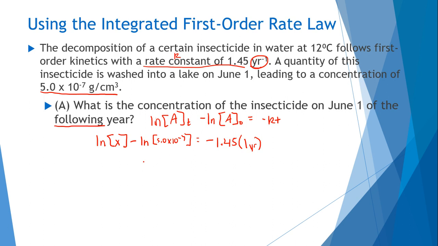From there, I can plug and chug into my calculator, and you can see that the ln of x minus, if I plug in the natural log of this value into my calculator, you're going to get negative 14.50865774 equals negative 1.45.